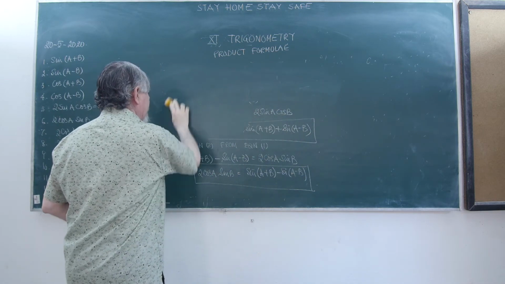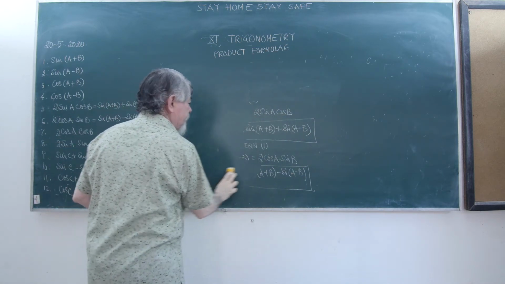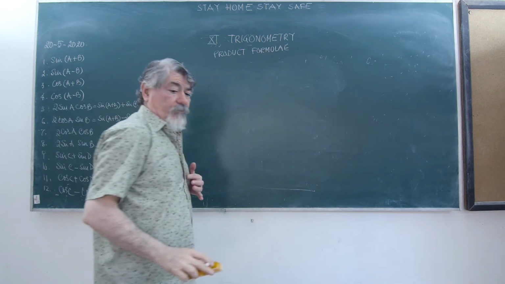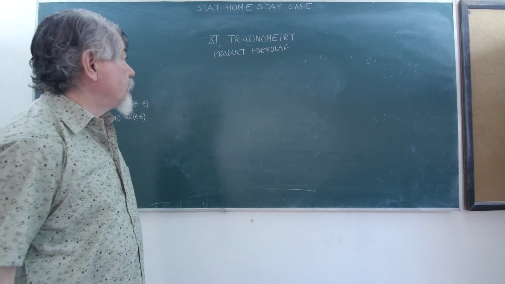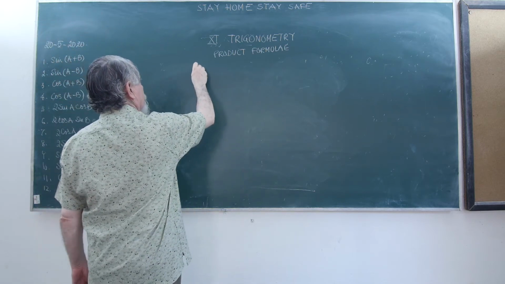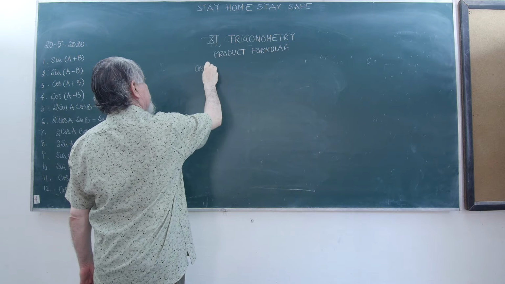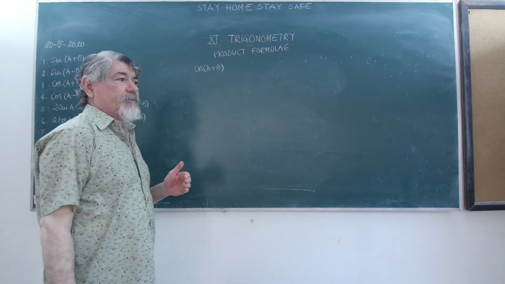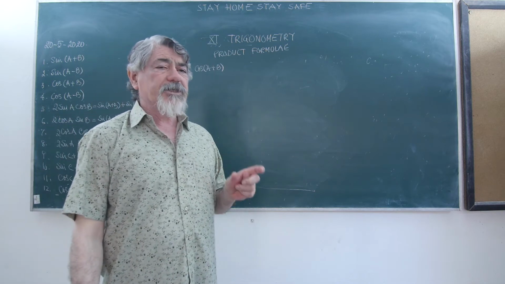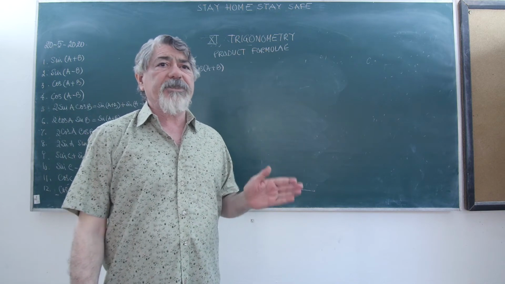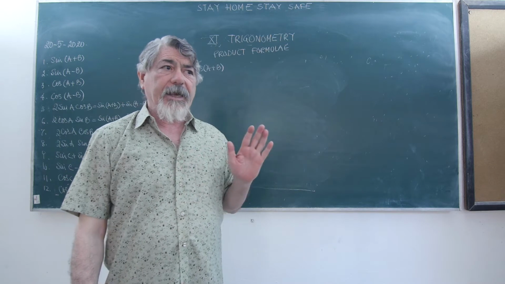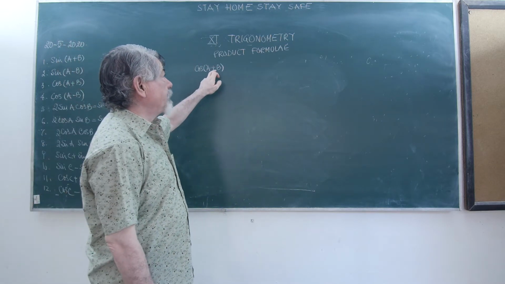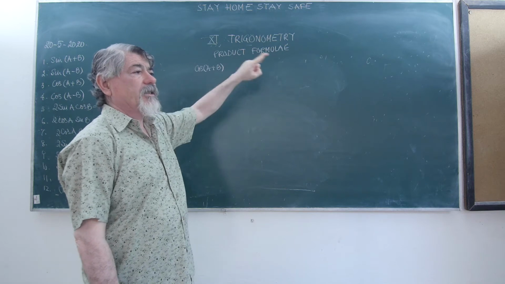We have dealt with sine, with sin A plus B and sin A minus B. Now let us talk of cos A plus B and cos A minus B. In sin A plus B and sin A minus B, you must remember that it is always going to be sin cos cos sin, and whatever sign is between A and B, the same sign comes.